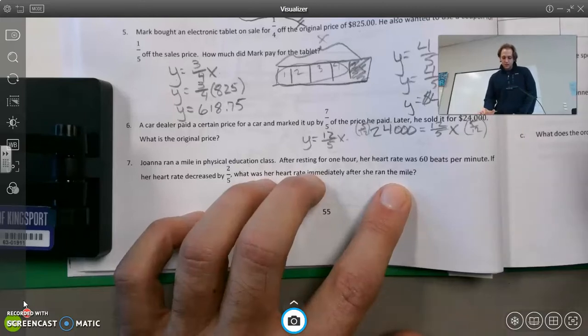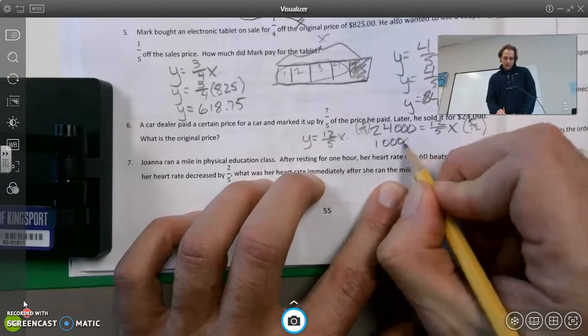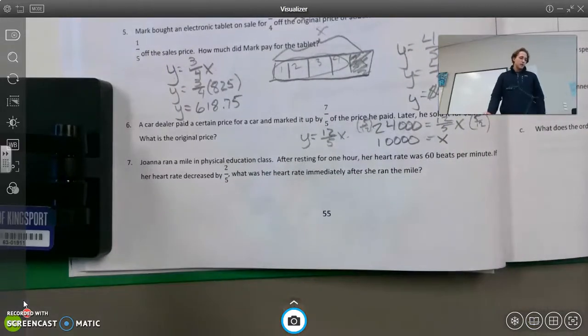I was talking to some students about that today in my classes, and we really struggled to remember that. And that's such an important part of what we learned this year. All right, it looks like $10,000 is going to be the original price. So if he bought it for $10,000 and marked it up by 7/5 of the original amount, he sold it for $24,000.